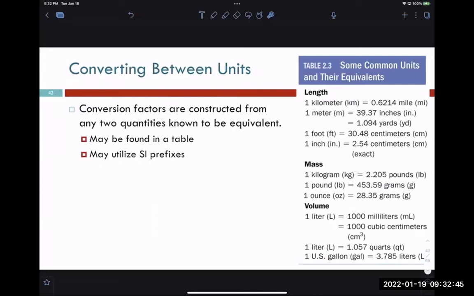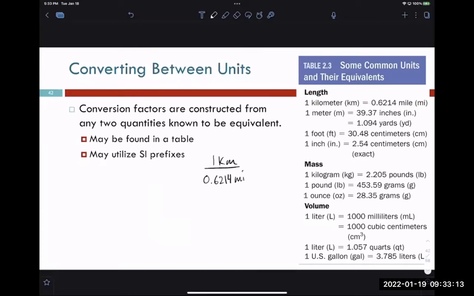And this is probably the more common way that you'll see these conversion factors, showing which two units are equivalent. So if you have a kilometer, that's 0.6214 miles. You could rewrite that though as 1 kilometer over 0.6214 miles.